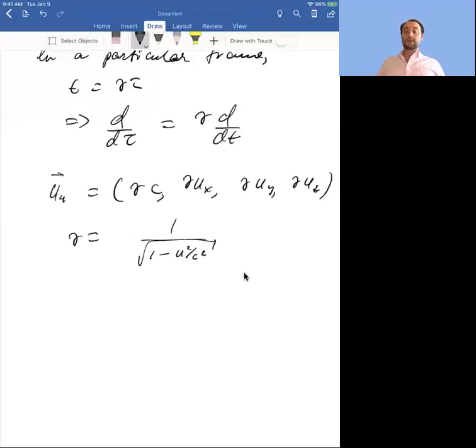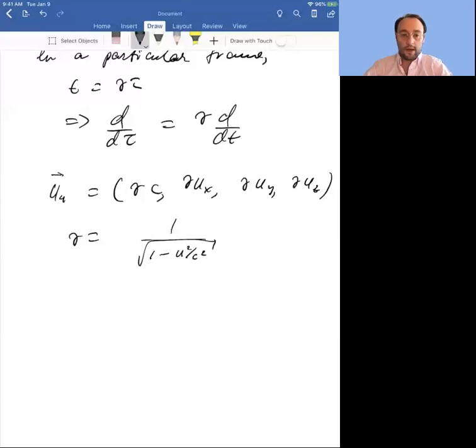So I'm in some frame, I'm observing some particle motion. The particle's proper time is tau. The derivative of its position vector in space-time is the four velocity. And in my particular frame, the four velocity will have these components.